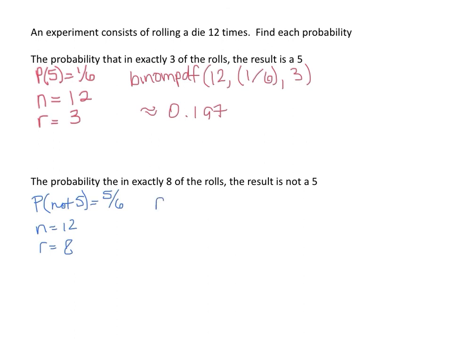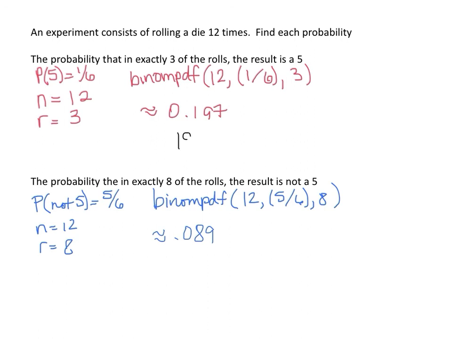So what I'll put in is 12 rolls, my probability of 5/6, and the fact that I get to use 8 rolls to do this. And when I hit enter, I get that the probability is approximately 0.089. You can represent probabilities as percents. So this one would be about 19.7%. This one would be about 8.9%.